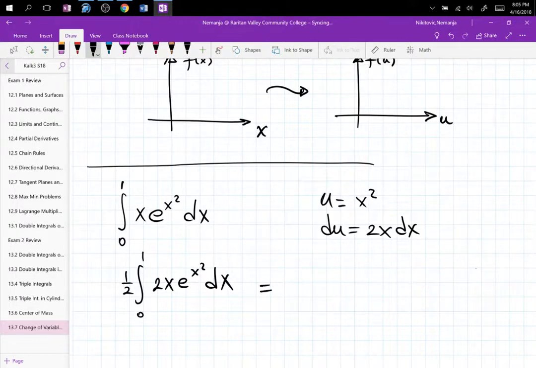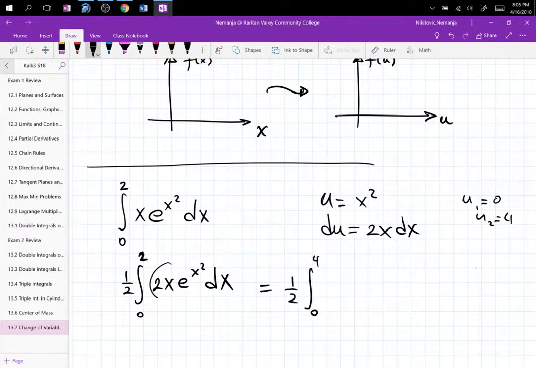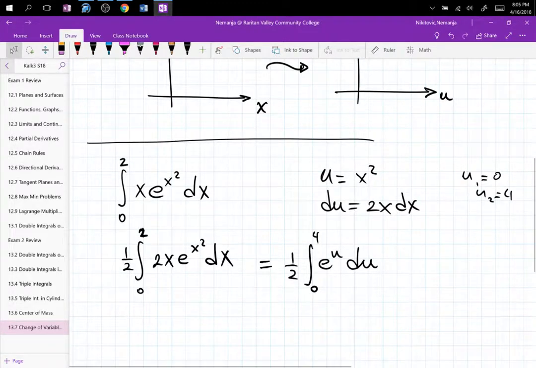I don't like 0 to 1, so let's use 0 to 2. Now when I plug in 0 in the original, I get 0, and for u2 I get 4. So now it's 1/2 the integral from 0 to 4. 2x dx gives me du, and I have e to the u. You see, e to the x squared and e to the u are not the same functions, not by a long shot.